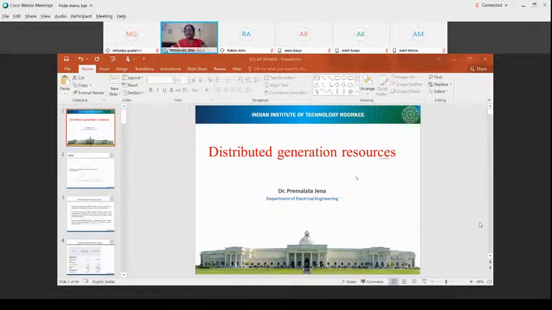These distributed energy resources include the solar energy system, the wind energy system, photovoltaic, fuel cells, biogas, biomass, then small hydro. So all together, all the non-variable and variable renewable sources.